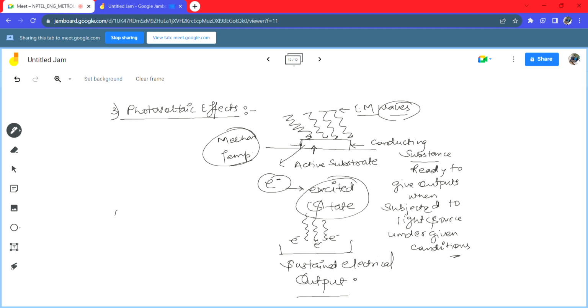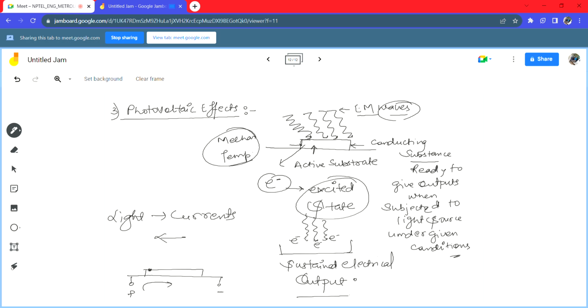So with light, we could get currents or voltages, and if we reverse this effect, from currents we would get light. So in the reverse case, what would happen is, say this is my substrate, and from this I say it is the positive terminal, it is the negative terminal, and I apply a current here.